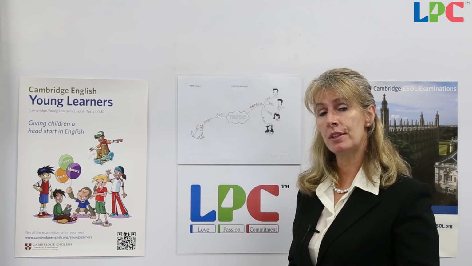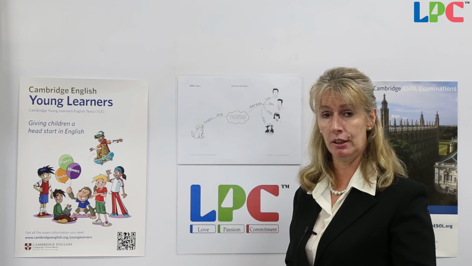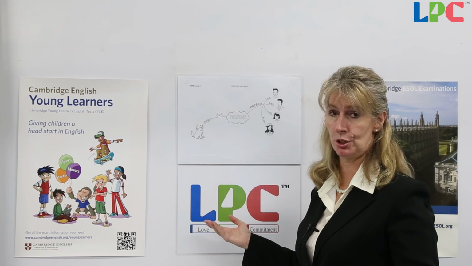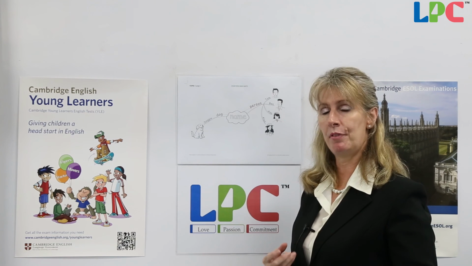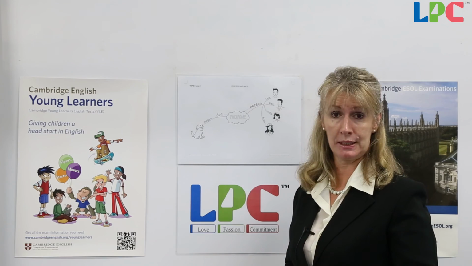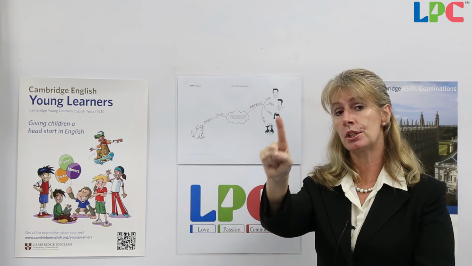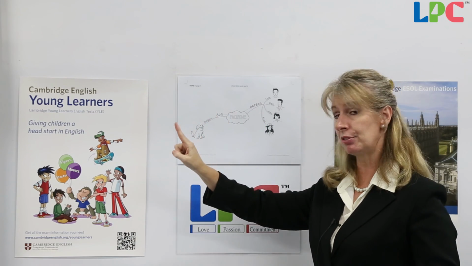I'm going to go through this in a step-by-step procedure, exactly as I would do in the classroom with my students. I will, however, break every now and again to give you an explanation why something is done a certain way. Okay, let's begin by asking our students to show us their reading finger. This is very important because this is what they use whenever they're going to do a piece of reading.